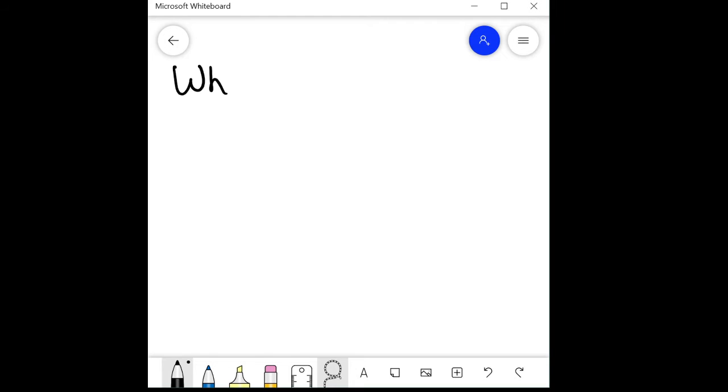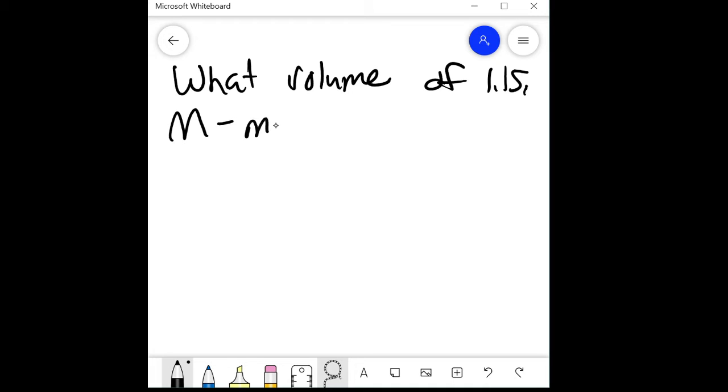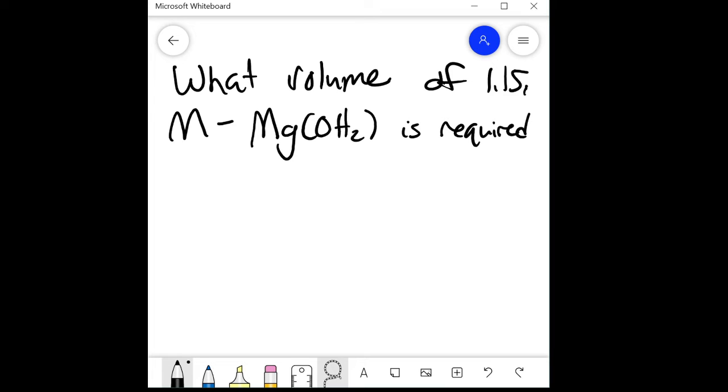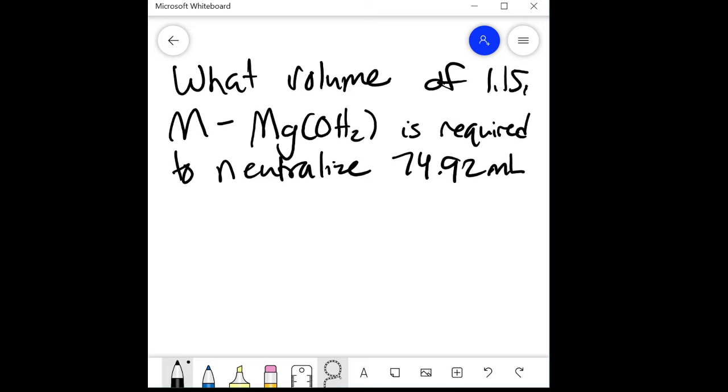So what volume of 1.15 molarity magnesium hydroxide is required to neutralize 74.92 milliliters of 1.88 molarity hydrobromic acid?